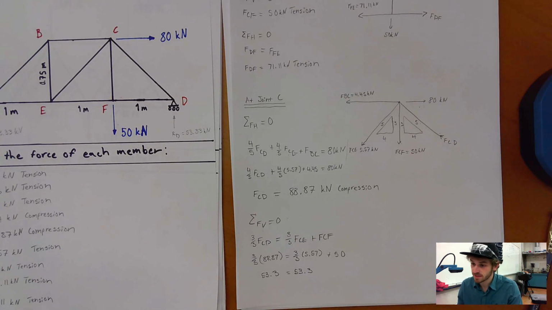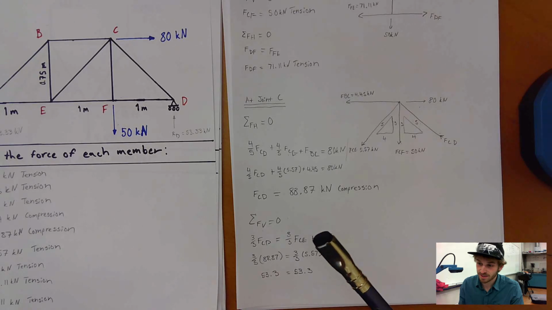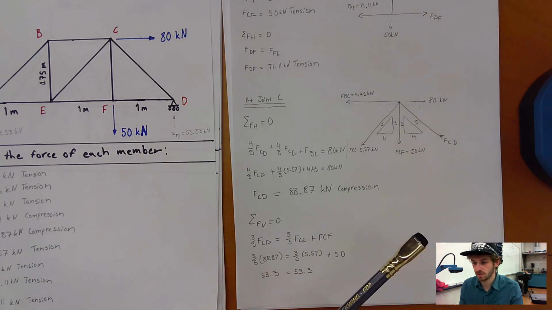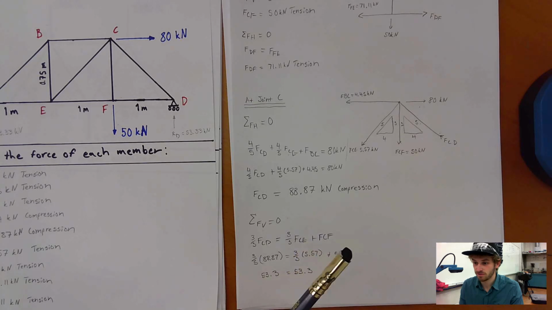Take it easy, take it slow, be patient. What's the formula? The sum of the forces vertically equals 0. The sum of the forces horizontally equals 0. If you get to the point where you're stuck because you don't have the values, you maybe need to solve one before the other. So look at what values you do have, put them in there, give it a go.